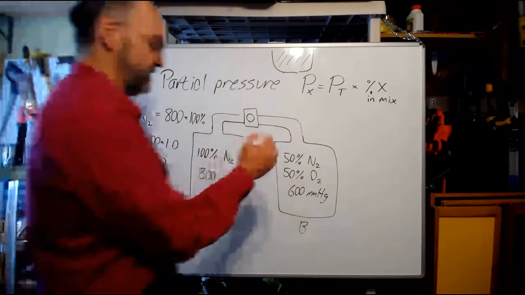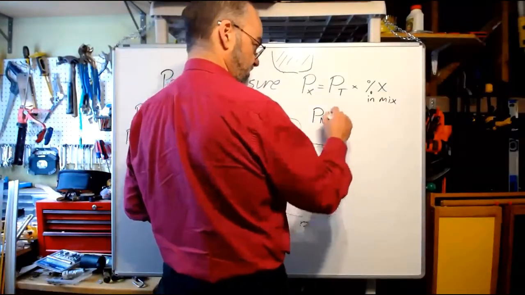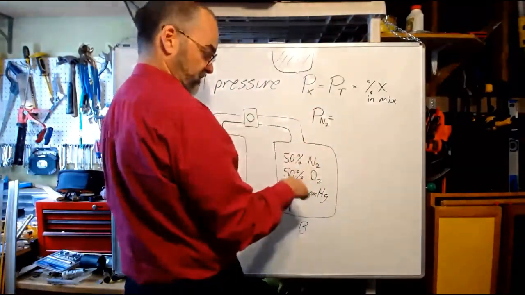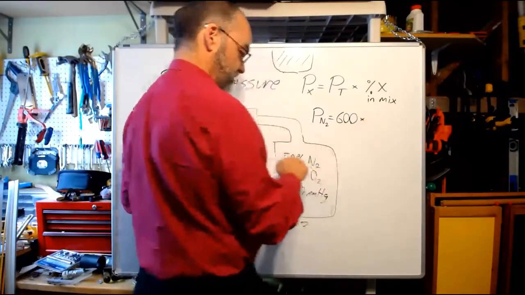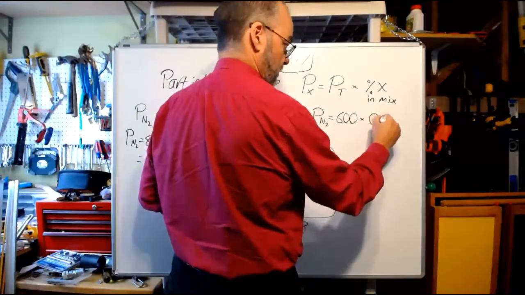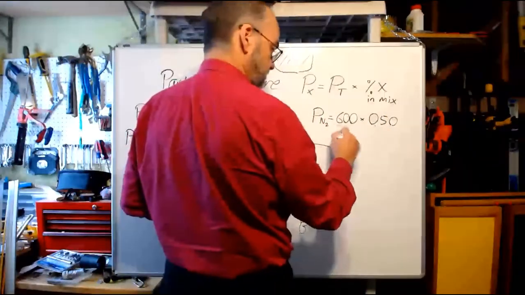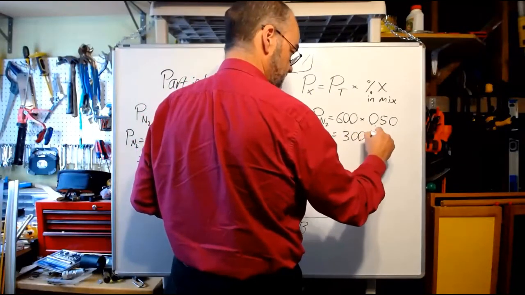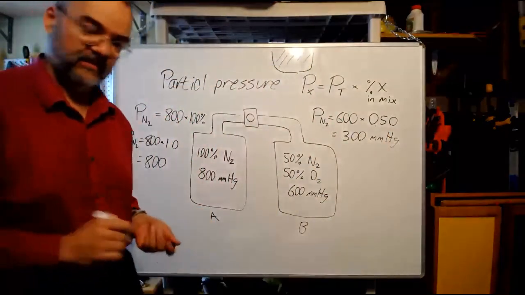But let's look over here. The partial pressure of nitrogen over here is equal to the total pressure, 600, times the percentage of nitrogen as a decimal, 50%, which is, in this case, 300 millimeters of mercury.